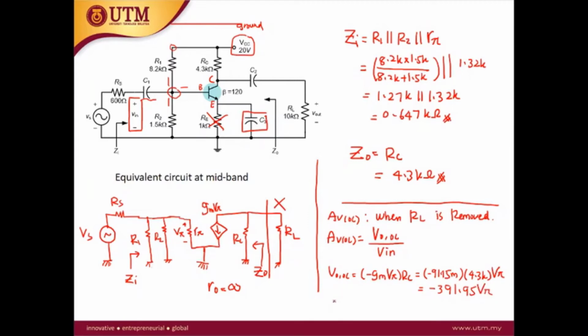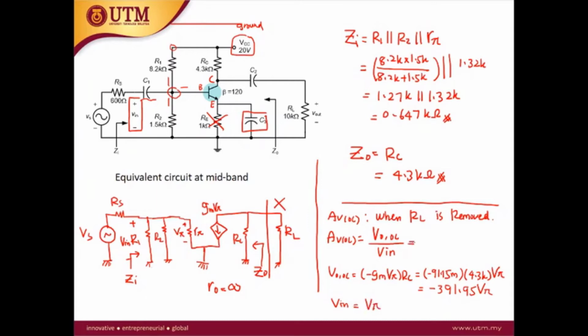And then how about the Vin? In the small-signal equivalent circuit, Vin is actually the voltage across R1. The voltage across R1 is equal to the voltage across R2, equal to the voltage across R pi, which is V pi. So Vin is equal to V pi.